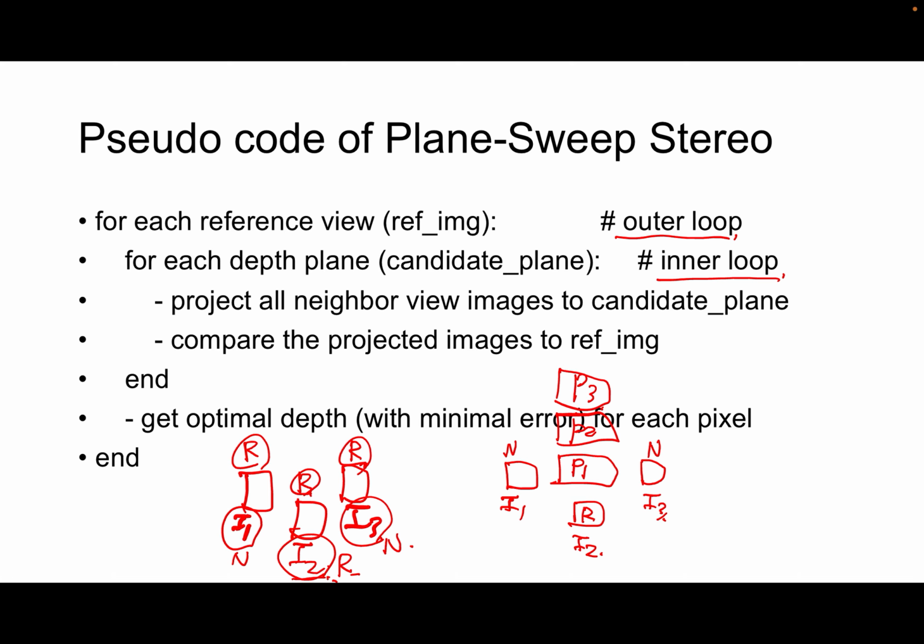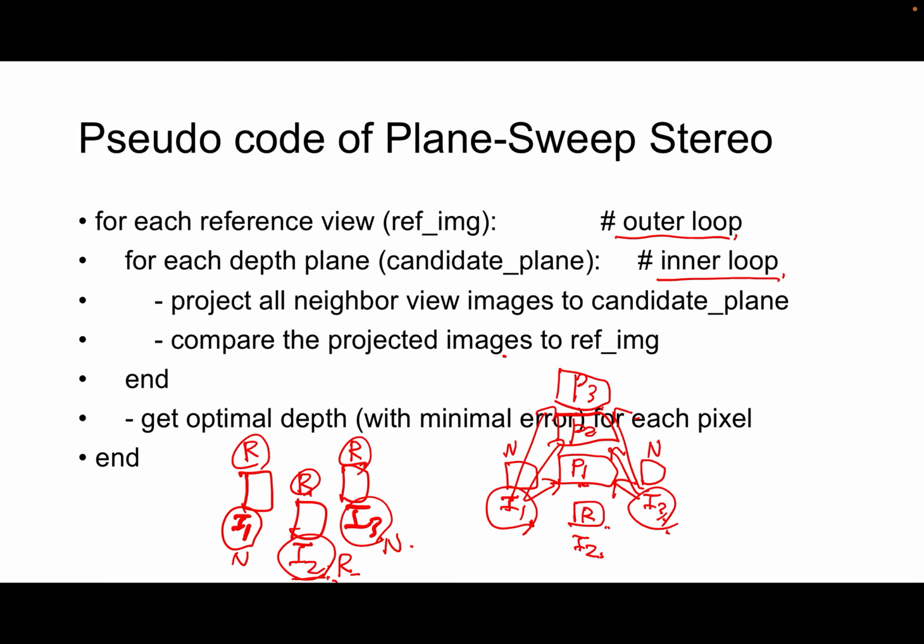So we project all neighbor views. We project I1 and I3 to P1, P2, P3. We project this, then compare the projected image to the reference image. We project I1 to P1, and we compare the projected I1, which is on the P1, and our I2.